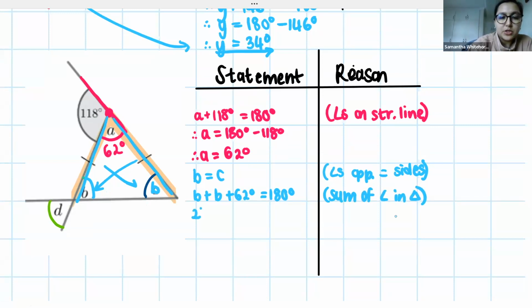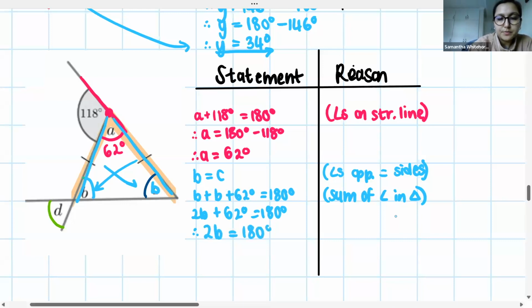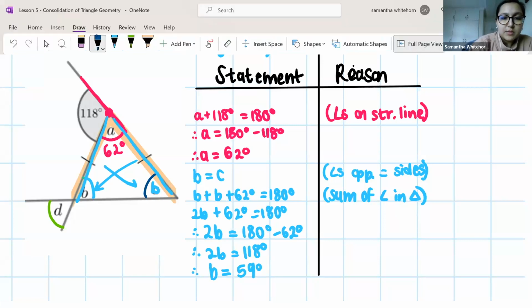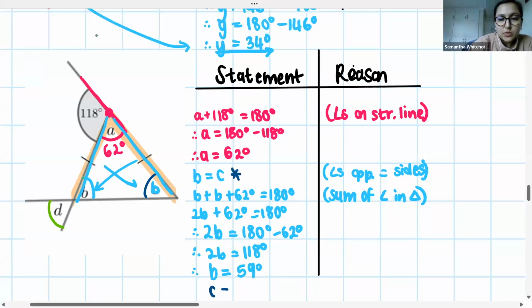Now B plus B is 2B plus 62 degrees is equal to 180. Inverse operations tells me to subtract 62 on both sides of my equal sign. And so 2B is equal to 118 degrees. But I want B. I don't just want 2B, I want B. So we're going to divide both sides by 2, giving me 59 degrees. And because I know what B is, because I made this first statement up here that B is equal to C, I also know that C is equal to 59 degrees.